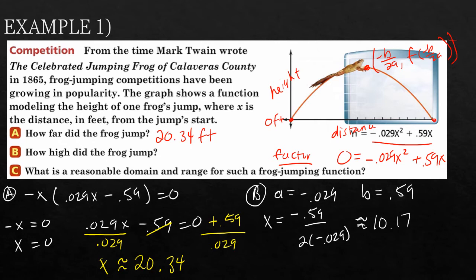To find how high the frog jumped, we're going to plug that in. So we have f of 10.17, and we're going to plug that in for x.